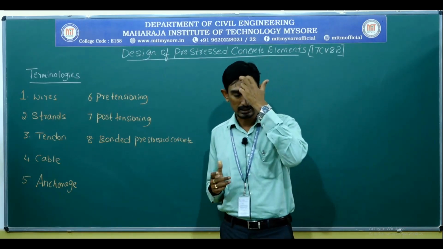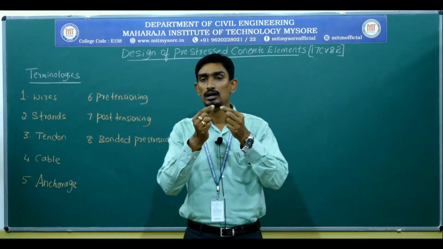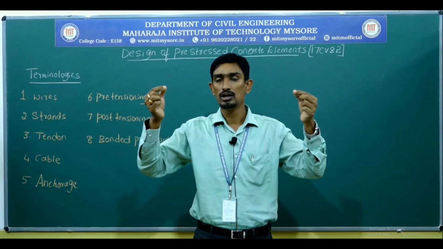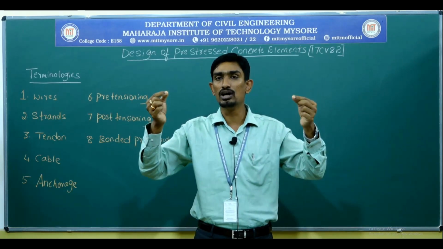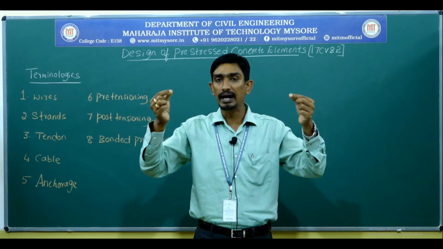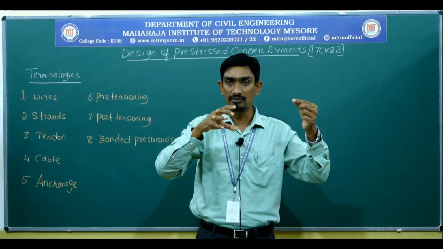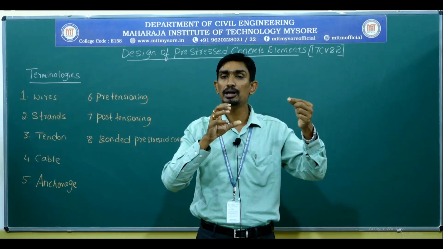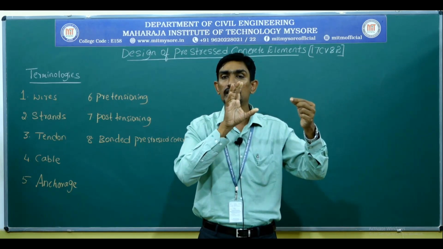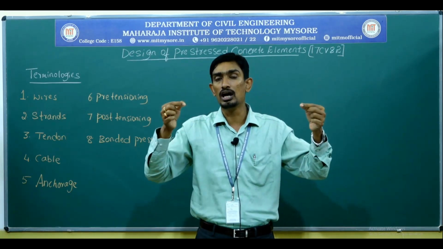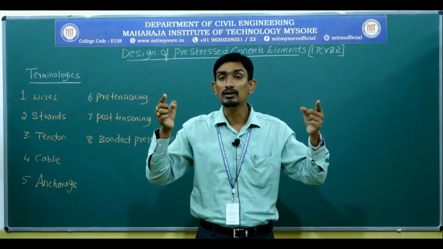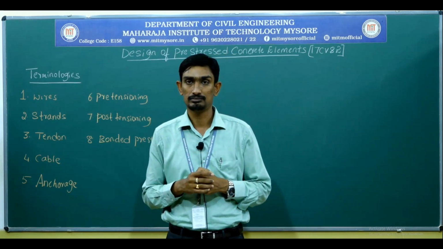I think it was explained in the last class: whatever tensioning has been made by stretching the tendon, the stretched tendon is maintained as it is by pouring the concrete in such a way that the poured concrete gets bonded to the stretched tendon, so that it will not allow the stretched tendon to deform or come back to its original length.